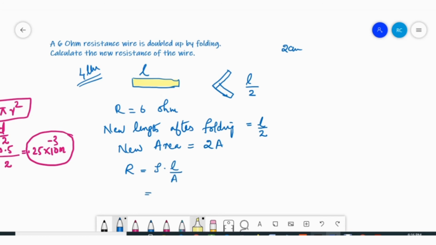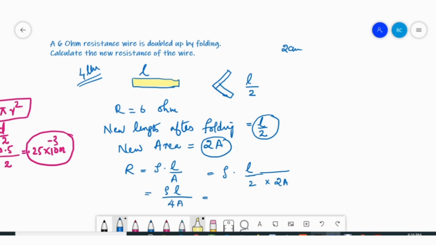So when you substitute this, rho is a constant value, and here we have L by 2 and A is 2A. So your equation becomes rho into L by 2, and area is 2A. So 2 into 2A. So overall it will come like rho L divided by 4A.